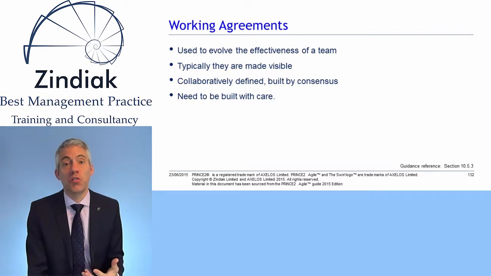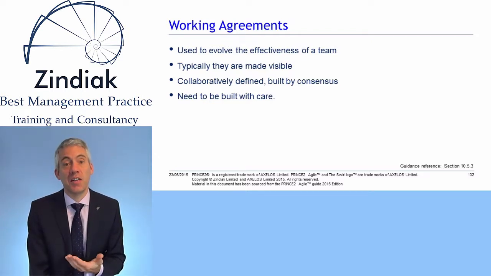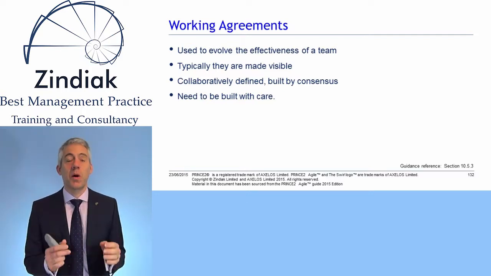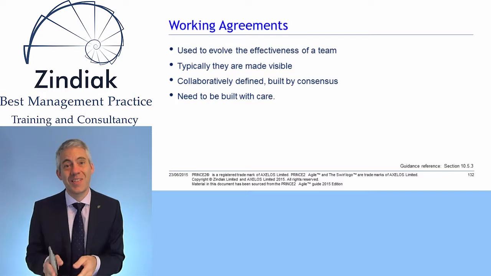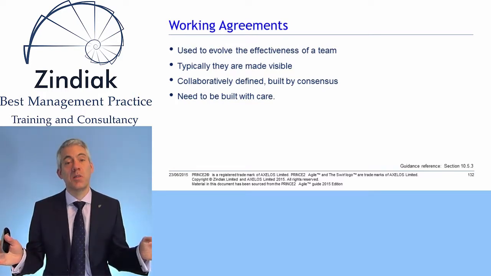Hopefully within your organisation, a lot of the basic things like treating people with respect are just ingrained within the organisation and ingrained within us as individuals in society. So ideally, you'll focus on specifics to your project rather than general things like treating people with respect.